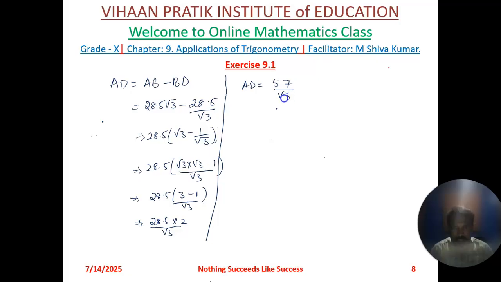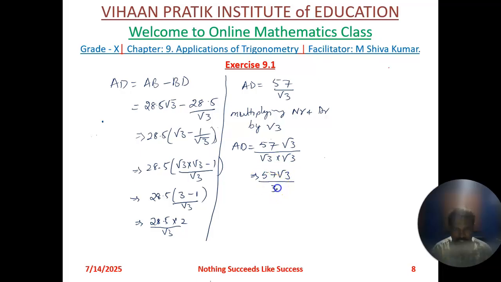57 by root 3. Now multiplying numerator and denominator by root 3, AD equals 57 into root 3 in the numerator, root 3 into root 3 in the denominator, which equals 57 root 3 divided by 3.